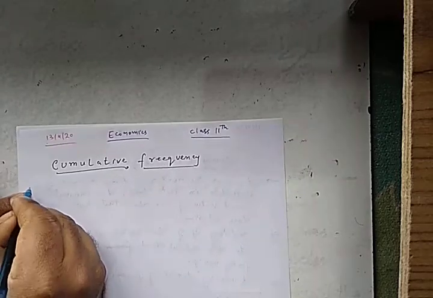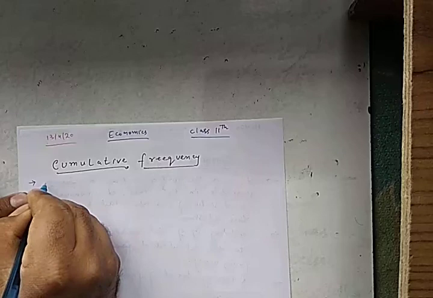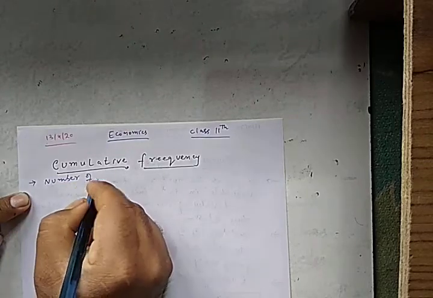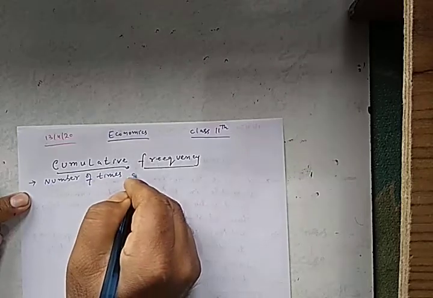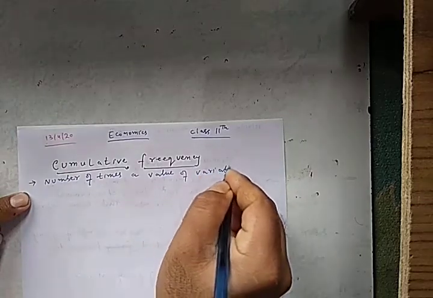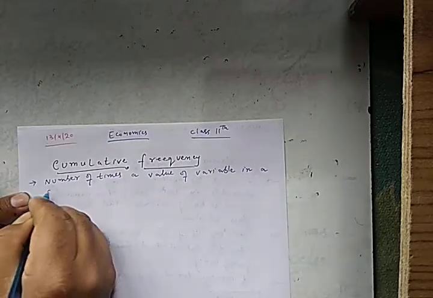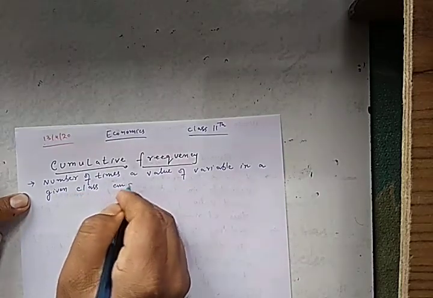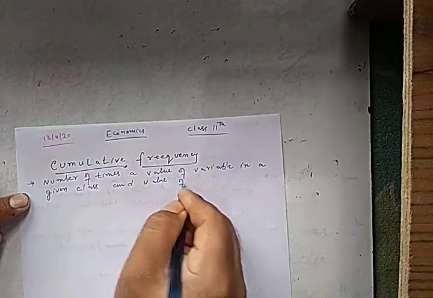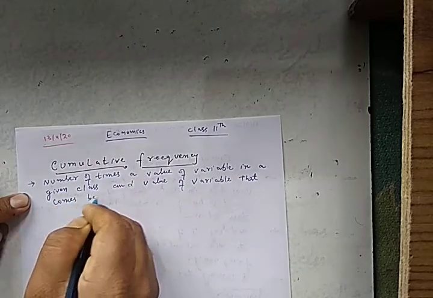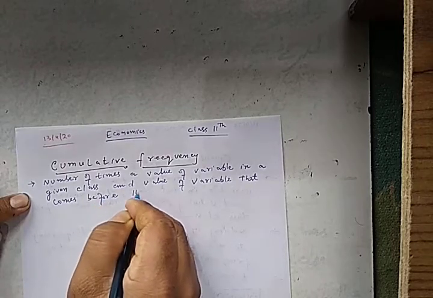It shows the number of times a value of a variable in a given class and the value of the variable that comes before that class.